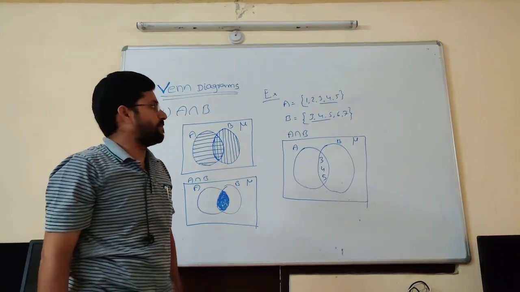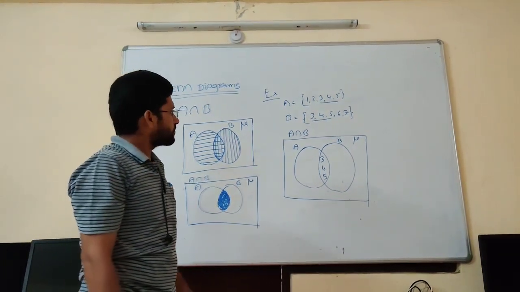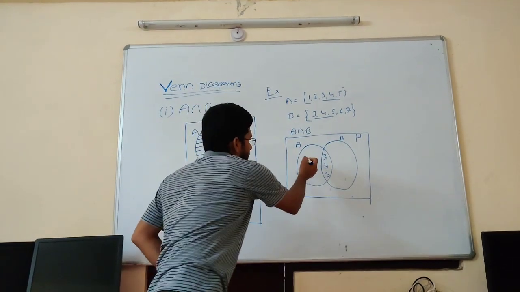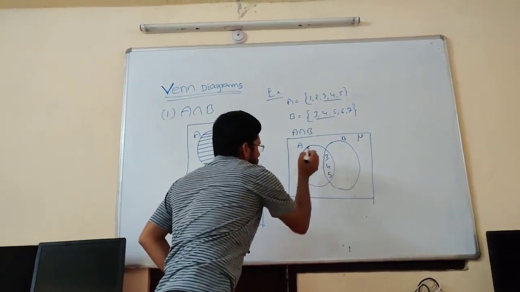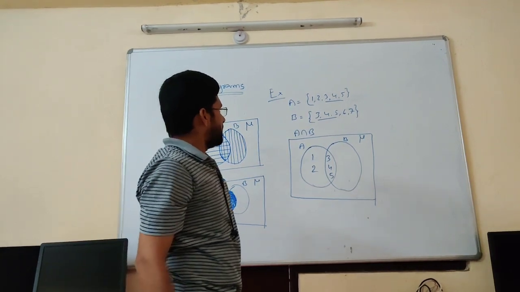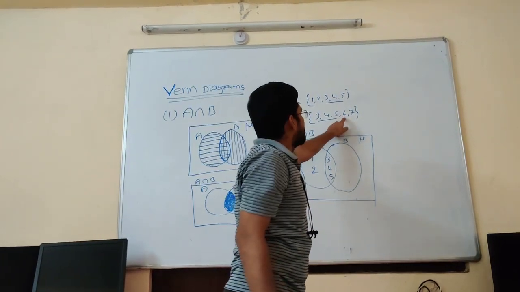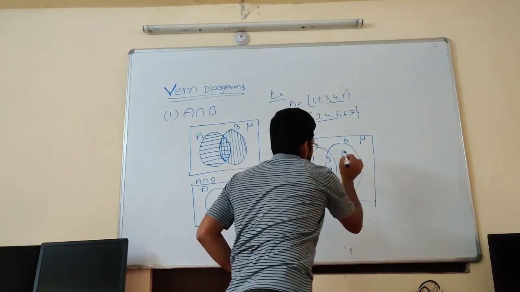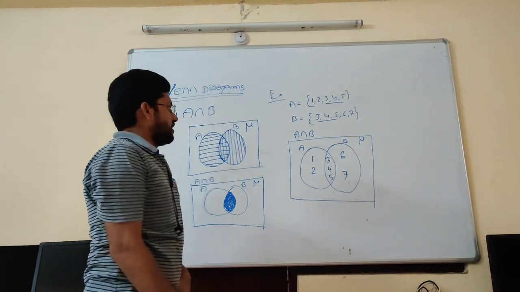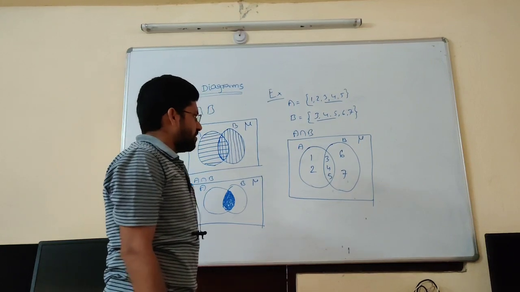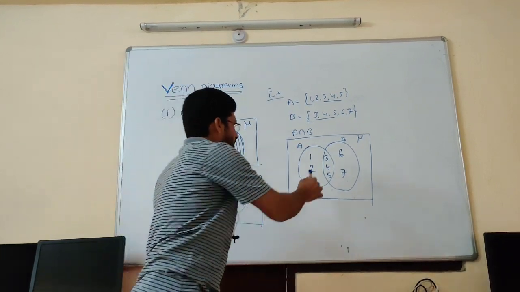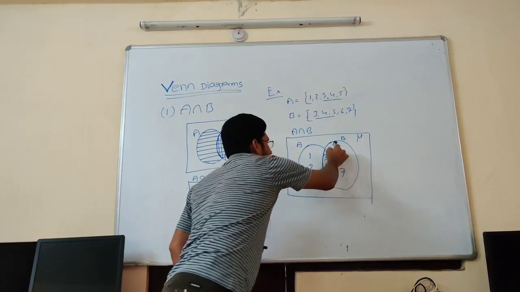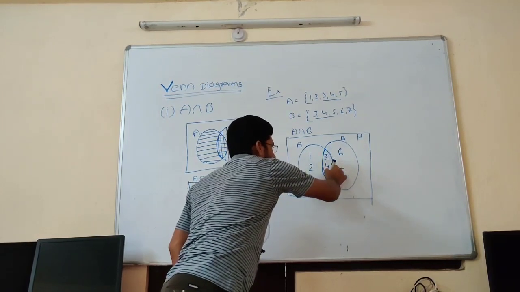3, 4, 5. Now, in A, the remaining elements are 1 and 2. So you can take here 1, 2. In set B, the remaining elements are 6 and 7. Now, A intersection B means whichever elements are in this common part, those elements only we have to take.